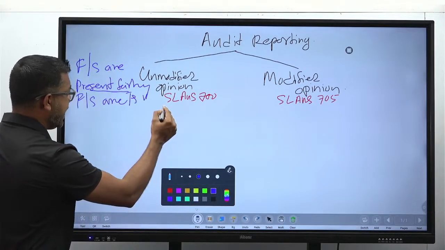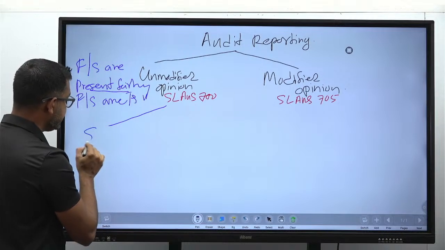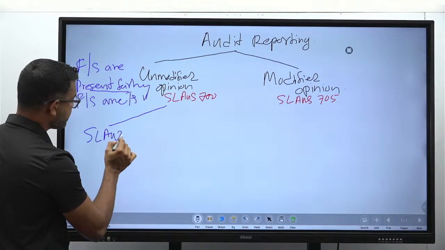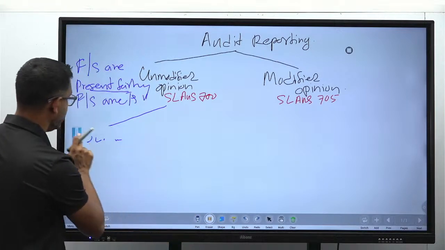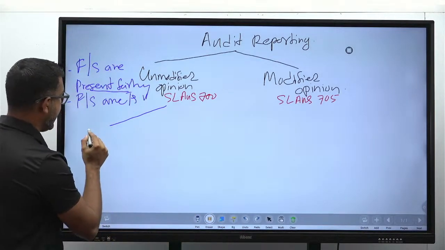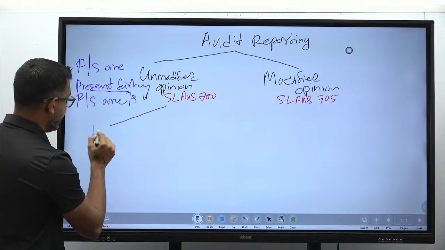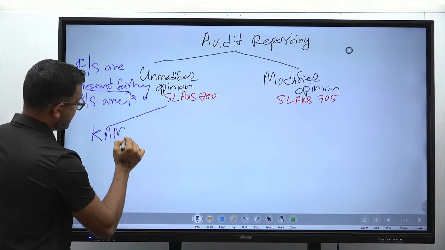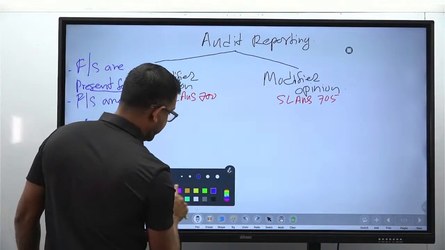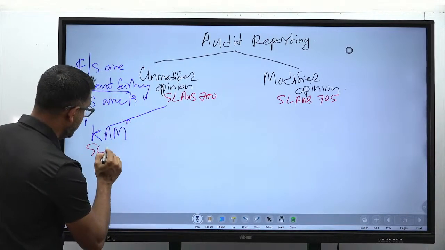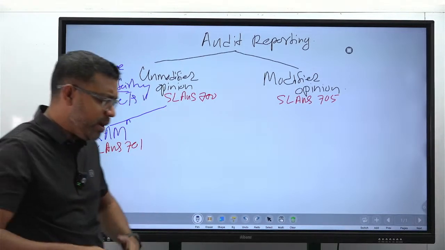For that, you have another standard to follow, SLAUS, so let me use a different color for this. It's called CAM, Key Audit Matters, addressed in SLAUS 701.